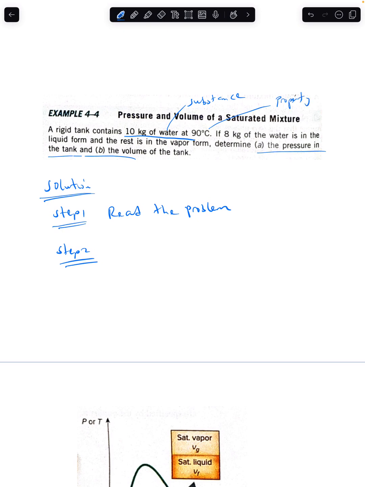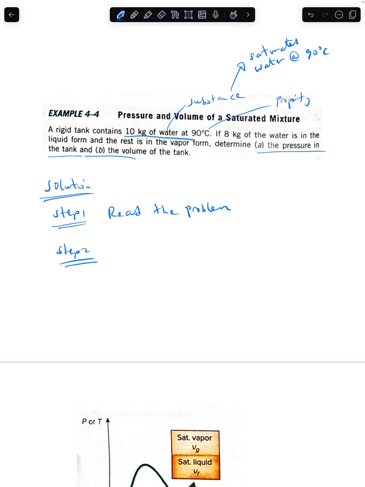But look, this problem is somehow technical in the sense that we are told that water is at 90 degrees Celsius. So when water gets to 90 degrees Celsius, what is that? That can become saturated water. So this is actually saturated water at 90 degrees Celsius.